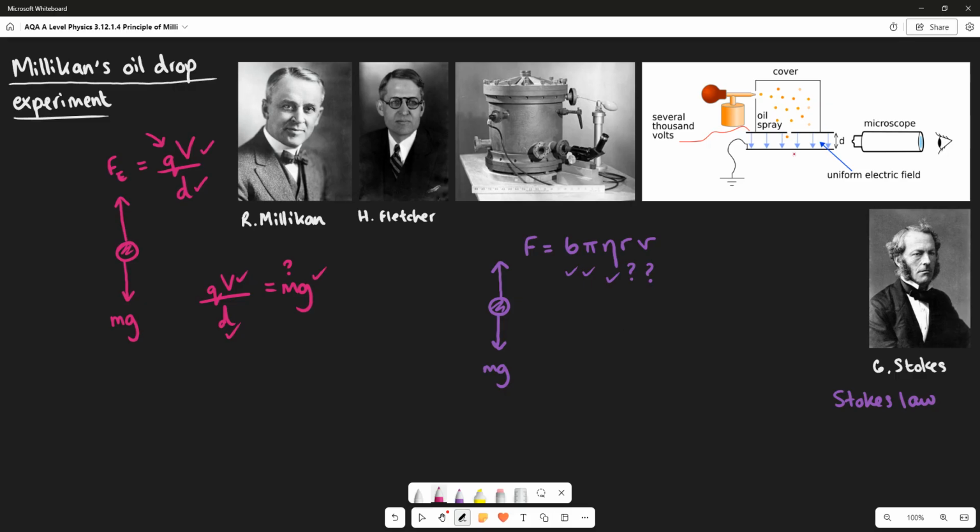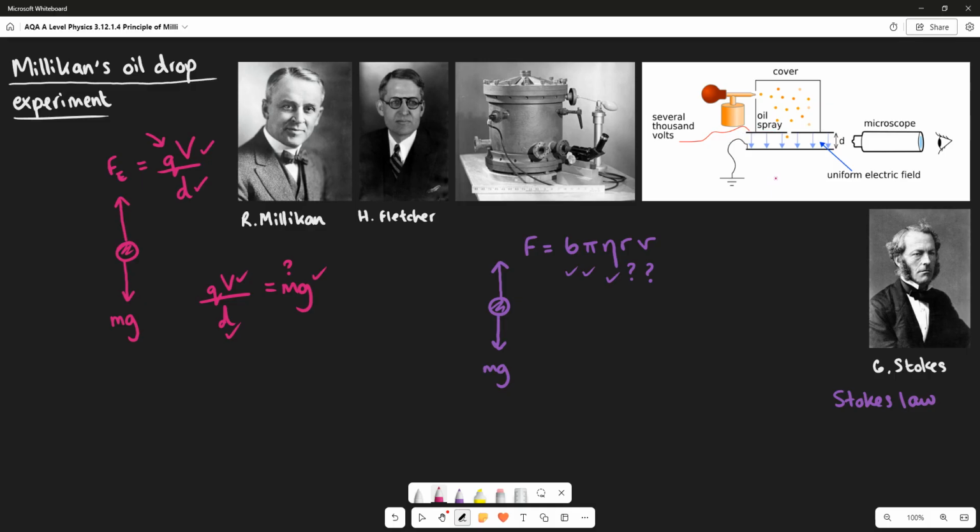So the aim of the experiment was to select an oil droplet, observe it through the microscope, and alter the voltage across the plates until it was in equilibrium. Once it's in equilibrium, you can note down the voltage.